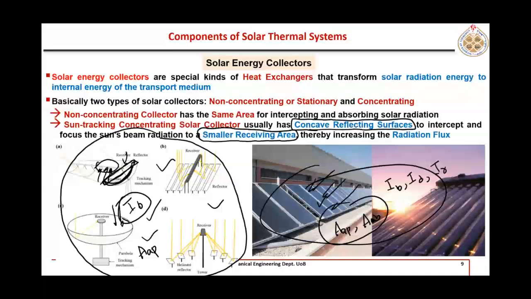For example, in the case of the dish, this entire area is the aperture area. But the receiver area is very small, or we can also call it the absorber area. So these collectors can give very high temperatures, but here we cannot get very high temperatures.